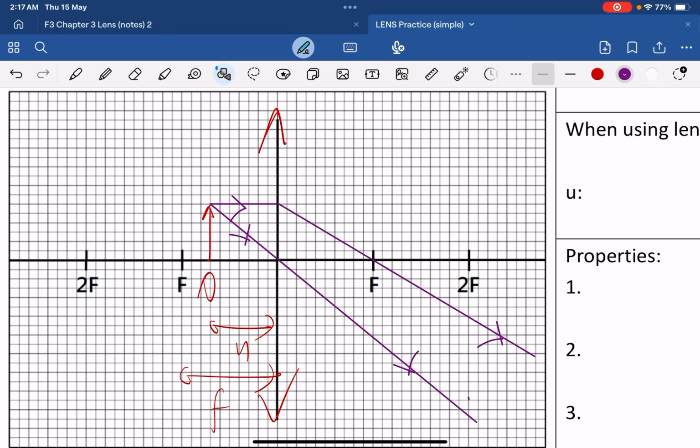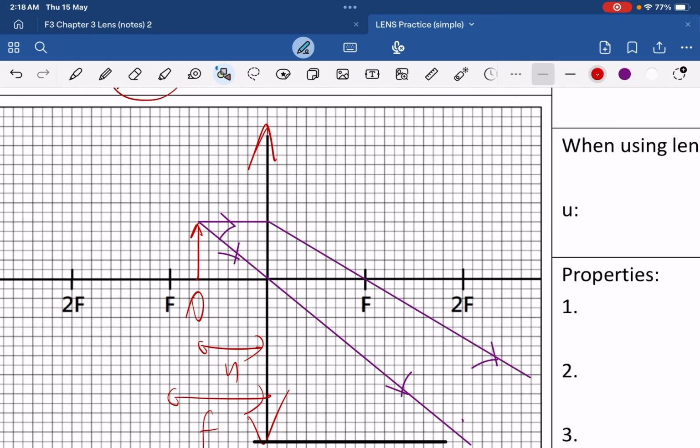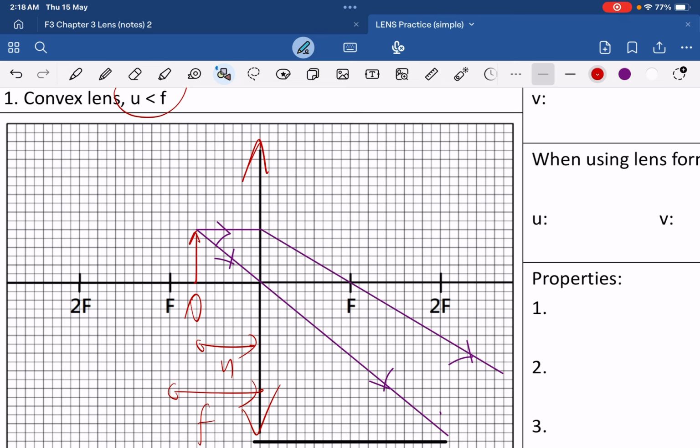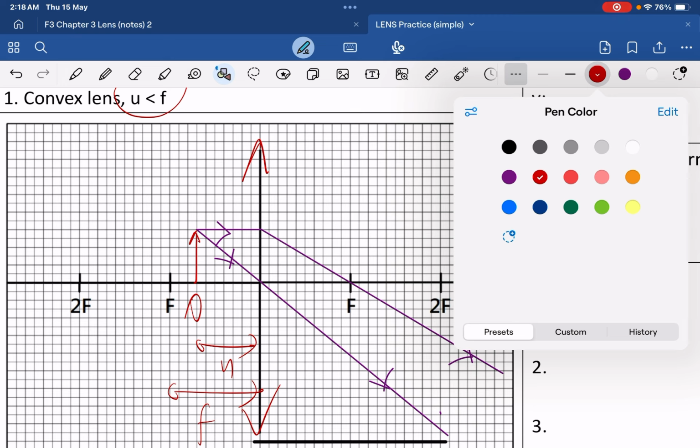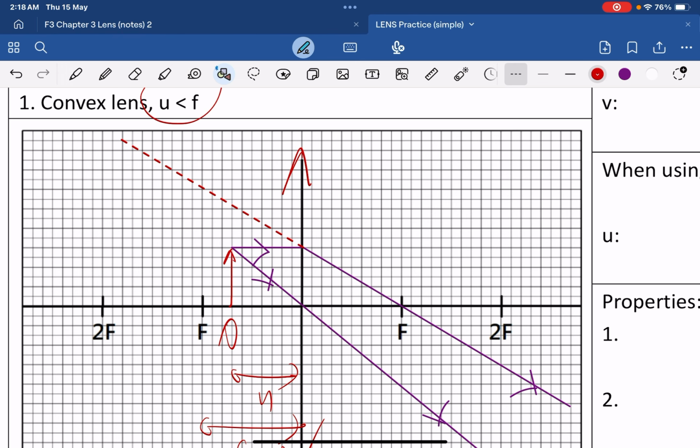The image will be formed at the intersection point between these 2 light rays. So we now need to extend the light rays. Actually the intersection point is on the left hand side of the lens. So we have to draw the dotted line, extending the light ray with a ruler. Okay, so we find the 2 extended rays.